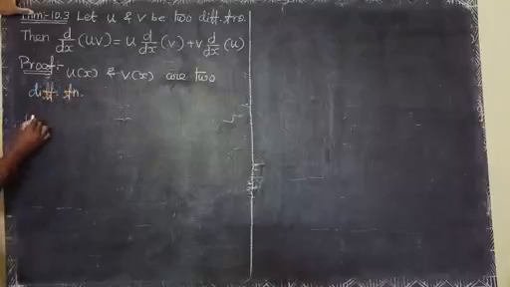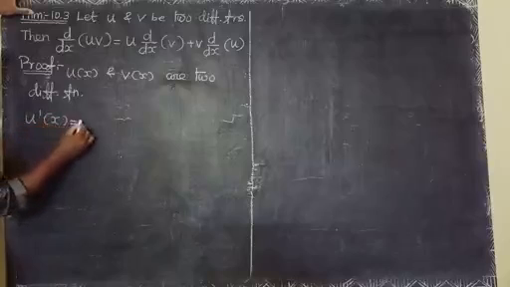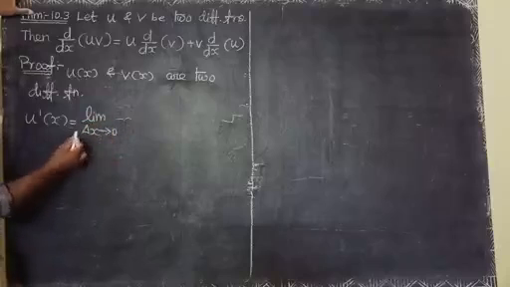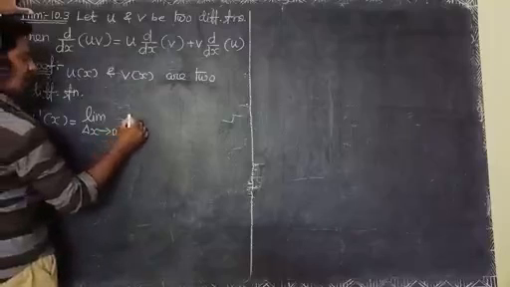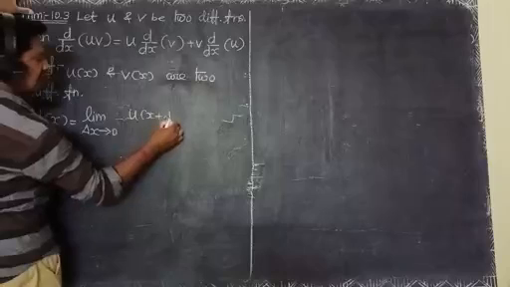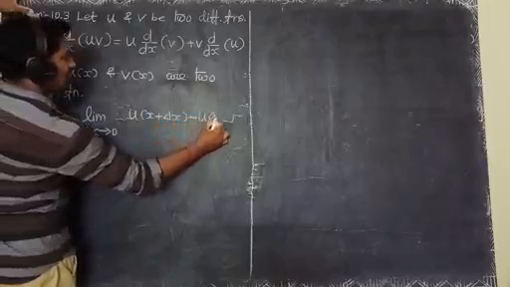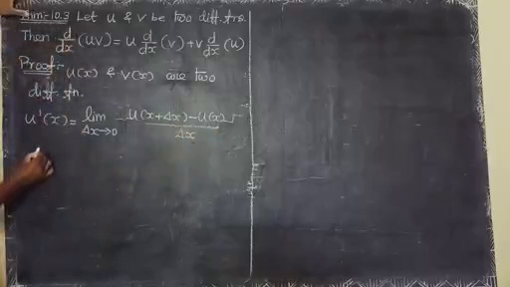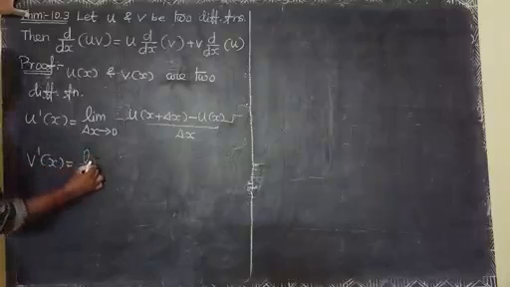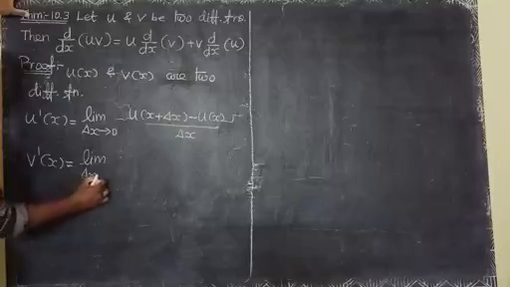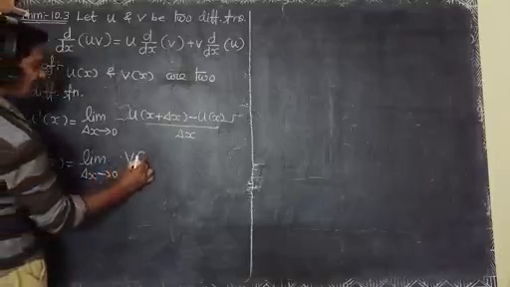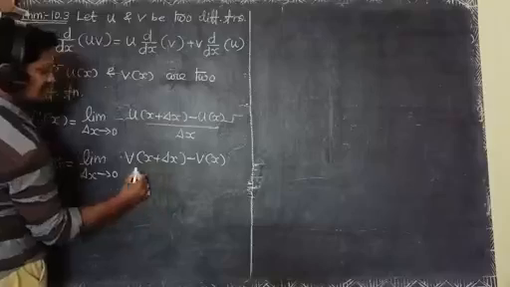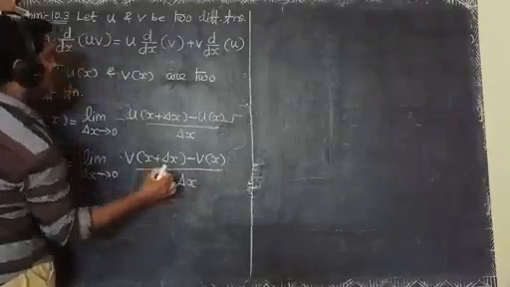That is, u dash of x is equal to the limit as del x approaches 0 of u of x plus del x minus u of x, divided by del x. v dash of x is equal to the limit as del x approaches 0 of v of x plus del x minus v of x, divided by del x.